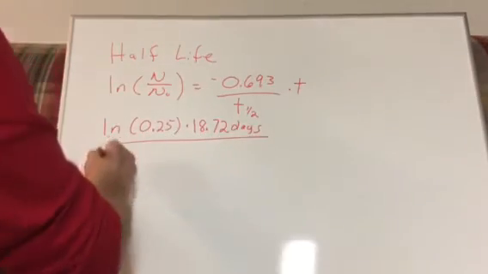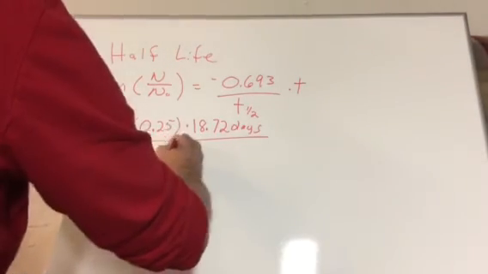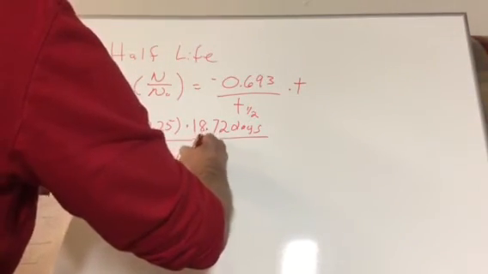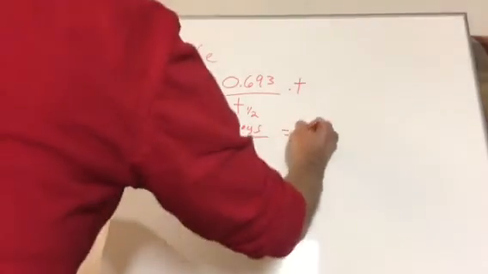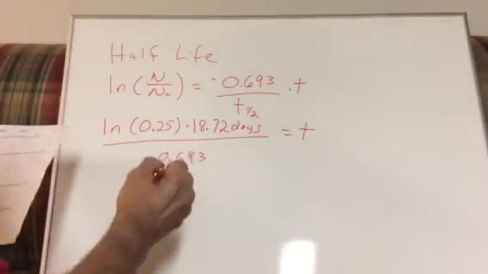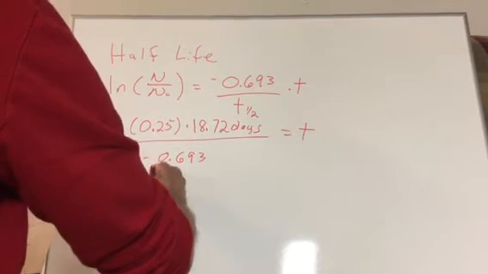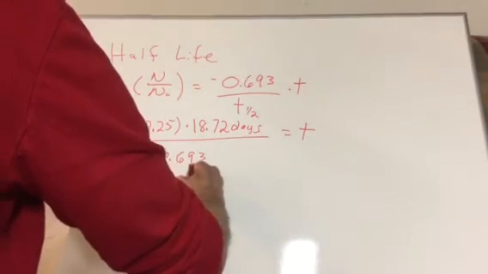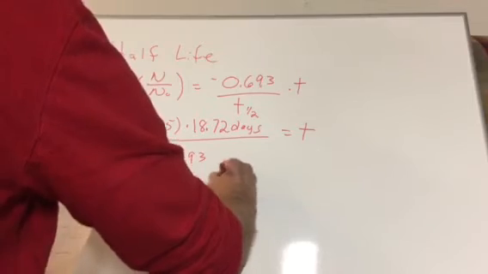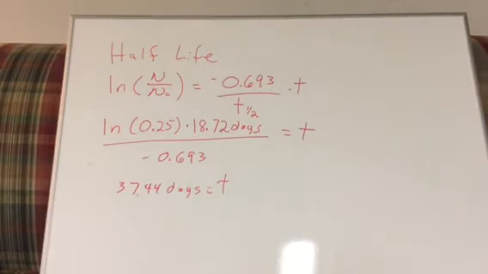You divide that by negative 0.693, and that equals time. Doing the math, you get 37.44 days equals the time. And so that's one way to do it.